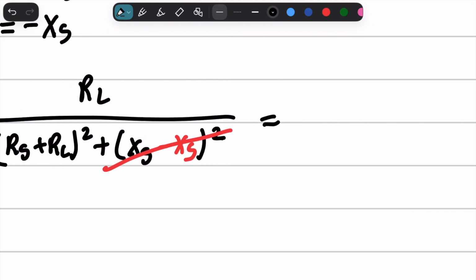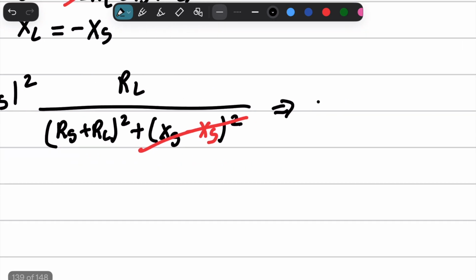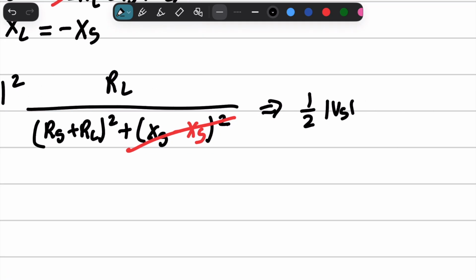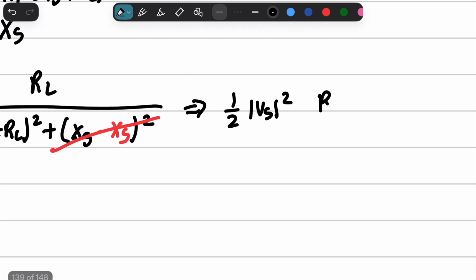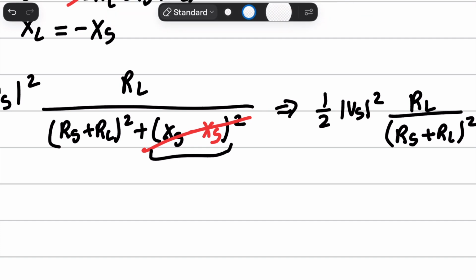So we're on our way to optimizing this whole thing. And we get 1/2 VS squared times RL over RS plus RL squared. So ideally, when we're optimizing the amount of power, we don't want this reactive noise, okay?